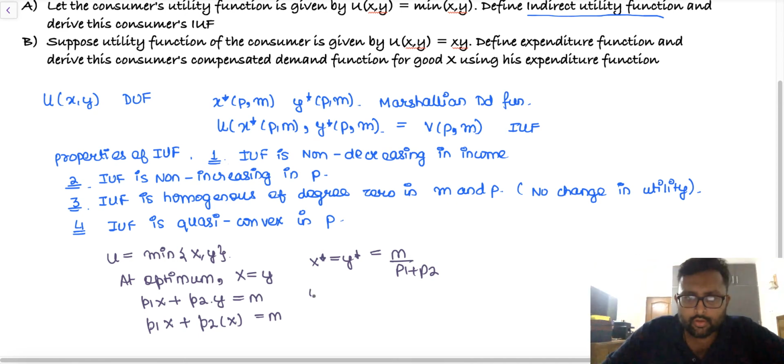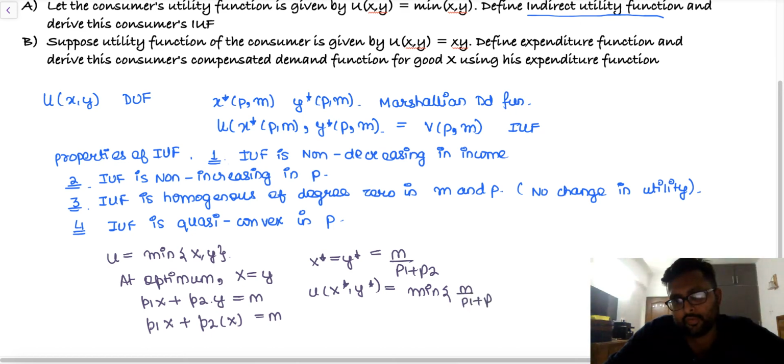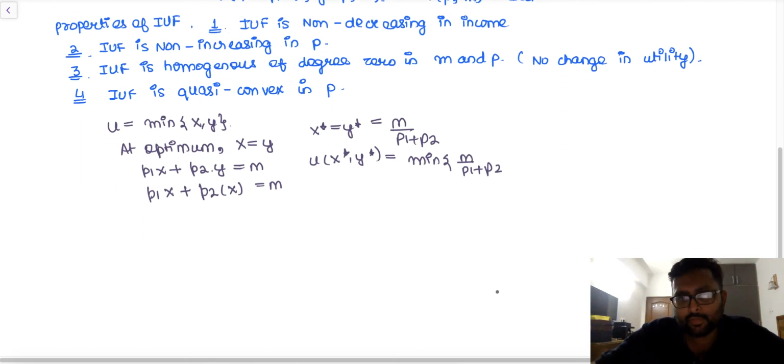So what you can do is now substitute this x star, y star back in the utility function. Your utility function is min of x, y. In place of x, y, write x star, y star, which is min of m upon p1 plus p2, comma, m upon p1 plus p2, which is m upon p1 plus p2.